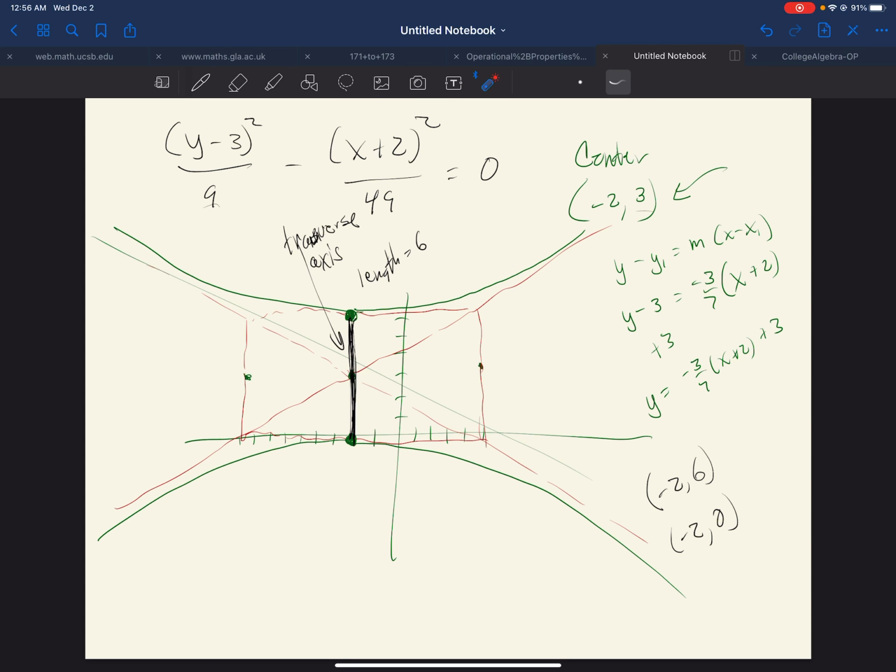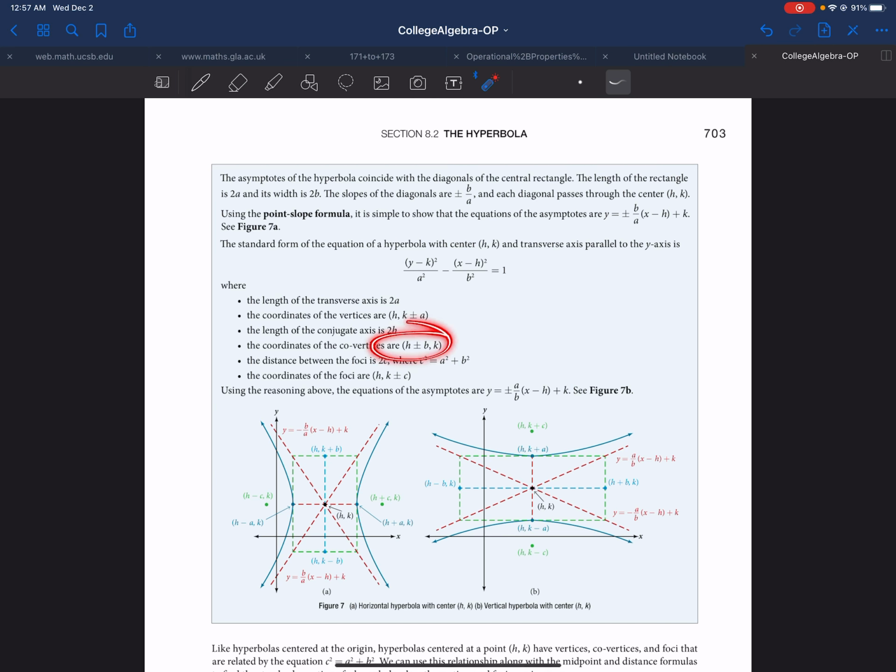We went -2 plus 7, which was 5, 3, and then we went -2 minus 7, which was -9, 3, and those would be those two values, and that's exactly what it says in there.